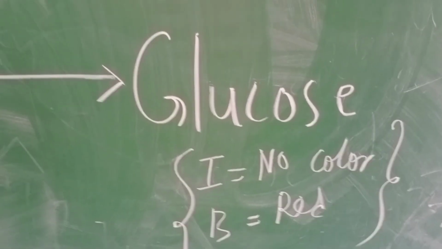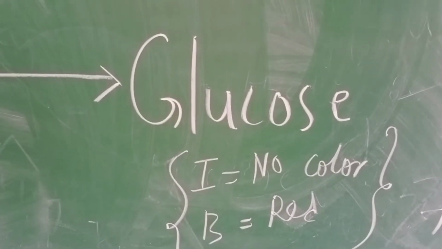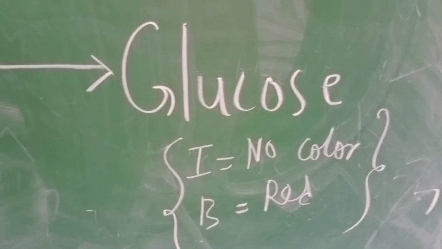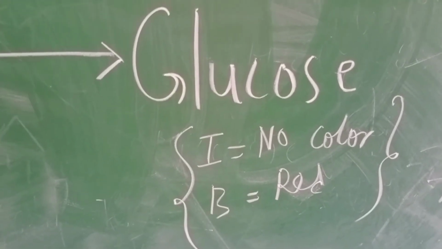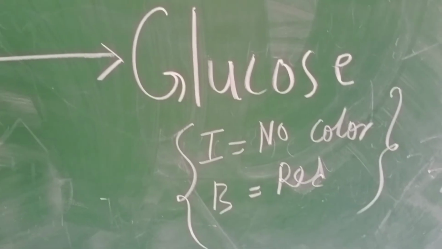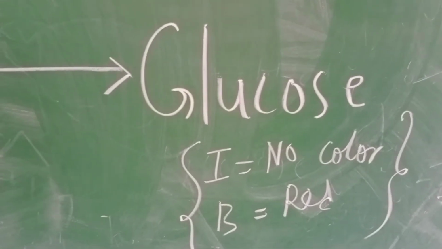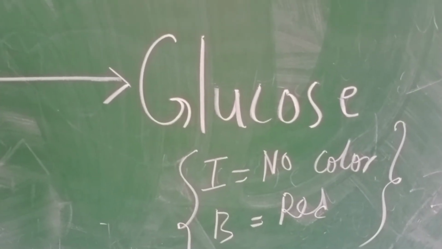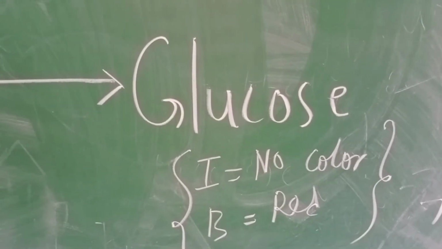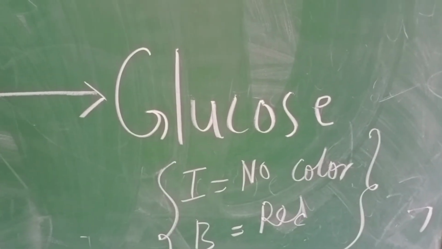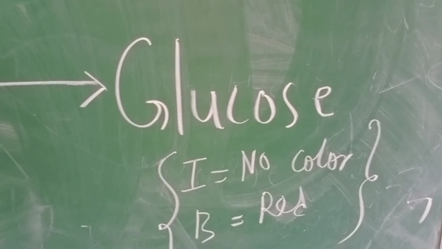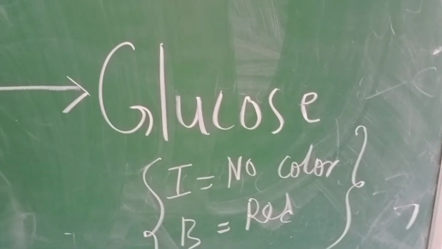And further, once the Benedict test is positive with the glucose, we are getting a brick red color, a very dark brick red color. This totally depends upon the overall concentration of the glucose molecule present in the reaction, and we can confirm that once the glucose molecule is formed, we are getting a brick red color, and with the iodine we are getting no color.